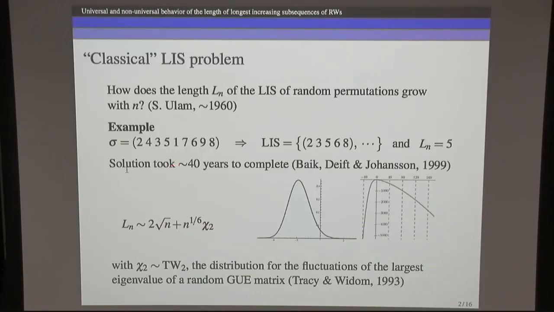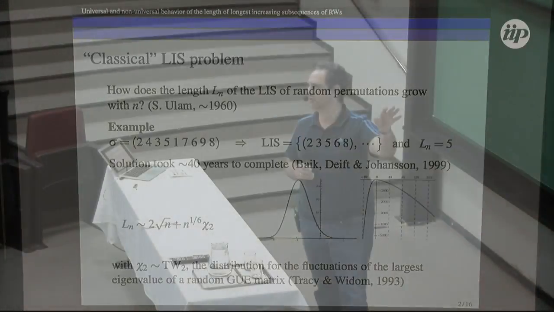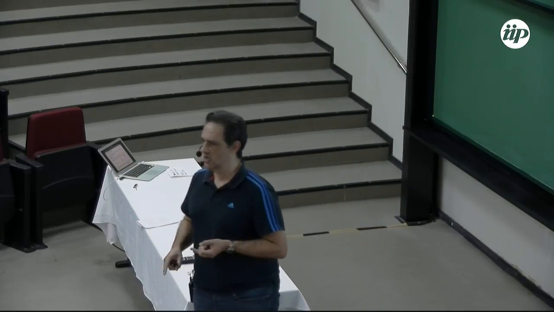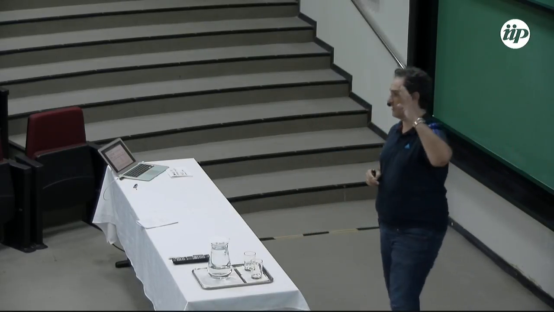And it took nearly 40 years to solve this problem completely, using an assortment of techniques. It started with the representation theory of permutation groups, nonlinear field theories, integrable models, then interacting particle systems, the asymmetric exclusion process, whatever you can imagine, Lax pairs, you name it, has been used to deal with this problem.